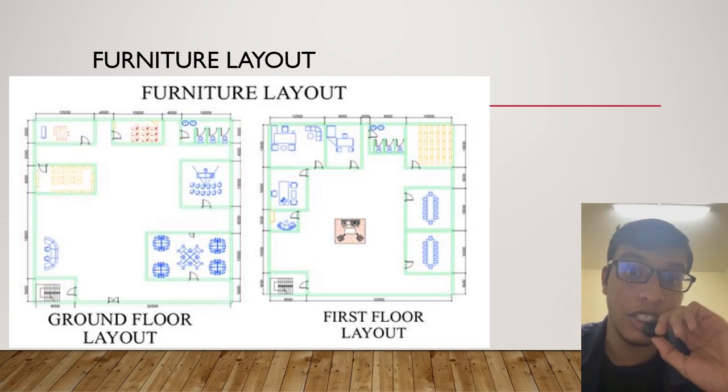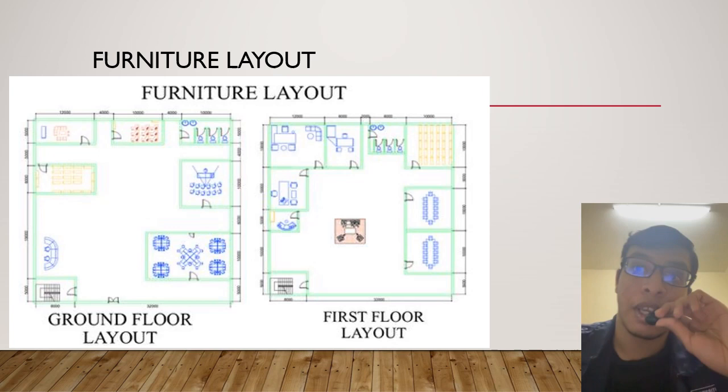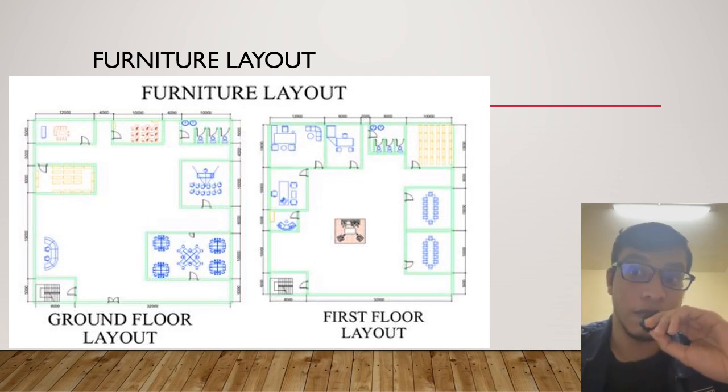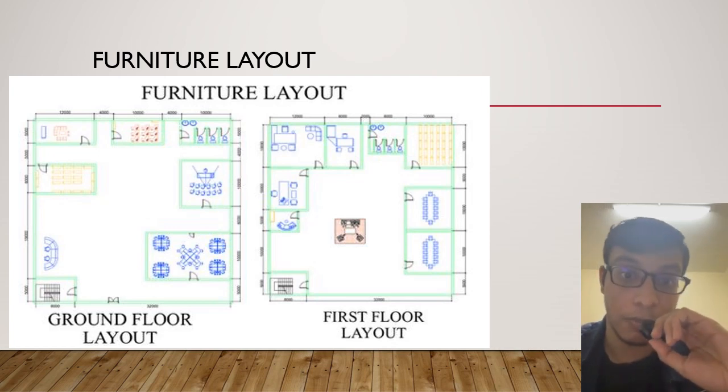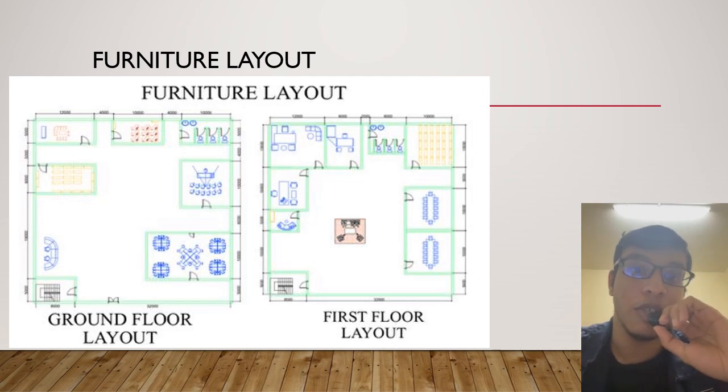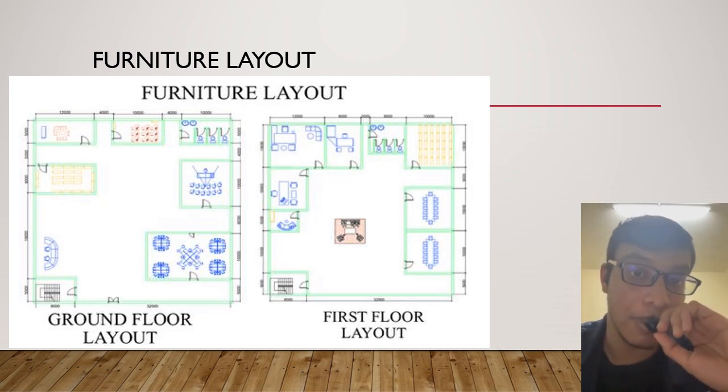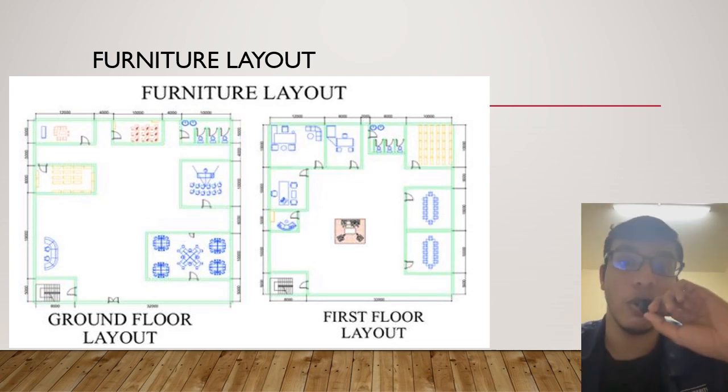We have a discussion room with some tables and a projector. For the toilet, we know what kind of things there will be, like sinks and toilet bowls. For the storeroom we will store some unusable tables. And for the pantry we put some shelves to store their food, and they can spend their time there. So we have a sofa also.